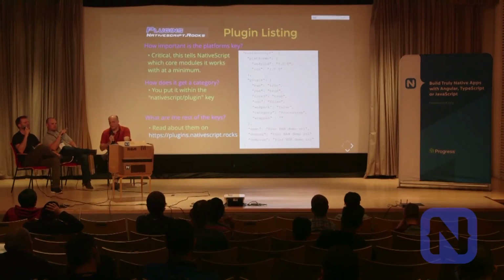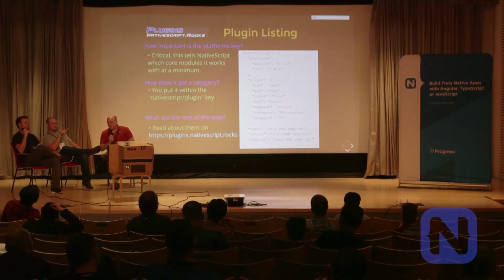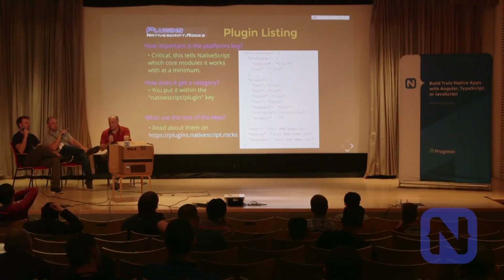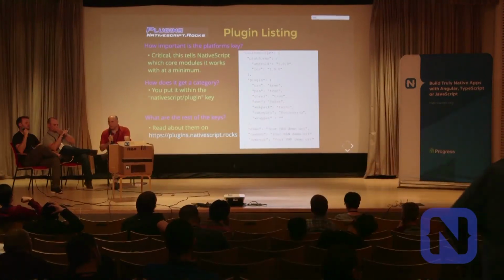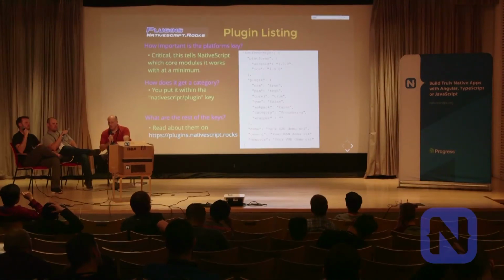Some sites add additional data, like this whole plugin key you see where it has nan, pan, core3, view, webpack, category, and wrapper. Those are all things that Nativescript.rocks does. It's not something that the marketplace does to my knowledge. It adds a little bit more data. So nan stands for NativeScript Angular. If your plugin supports NativeScript Angular, the way you can mark it so that it shows up on the site is put nan true.